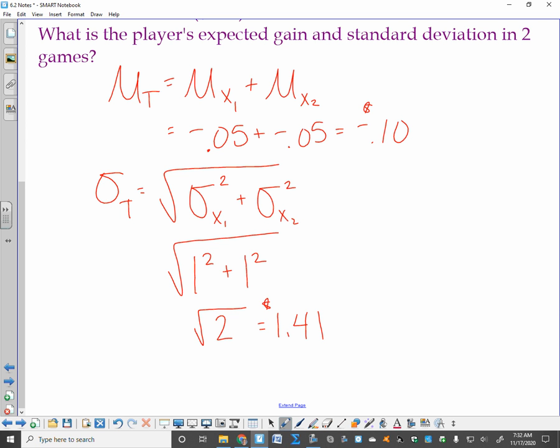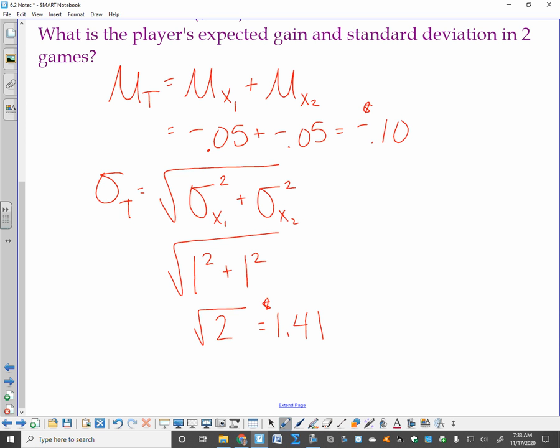I like using the word expected when I talk about losing 10 cents because I really like this idea that the mean is the expected gain, or in this case, the expected loss. And just make sure that you reference that it's over 2 games. When you do this, I wouldn't think about it as 2 times, because I'm playing 2 games.